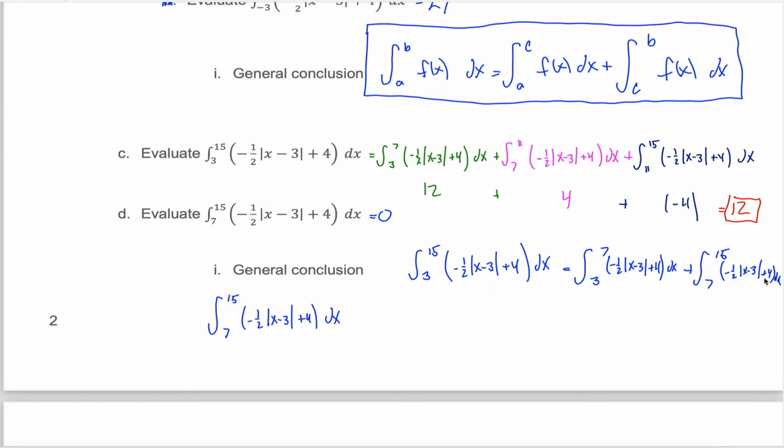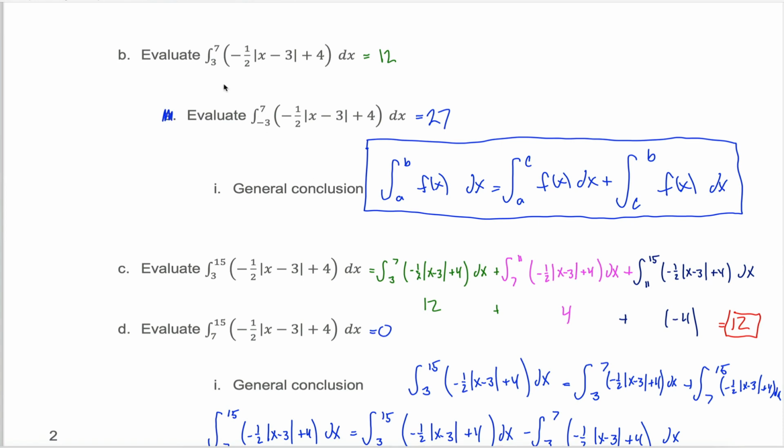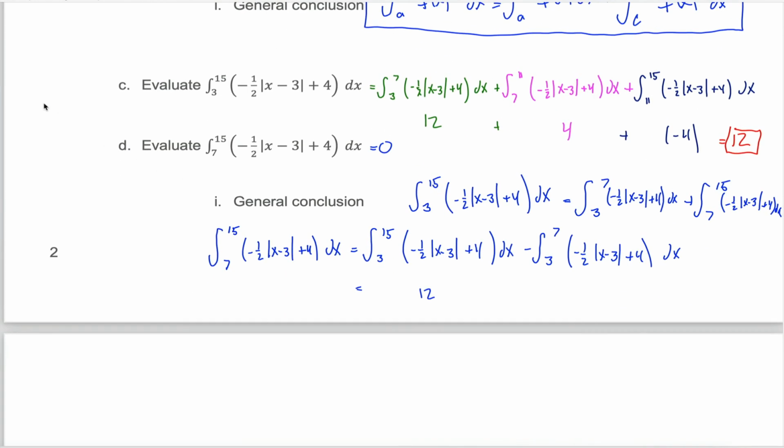This integral here is this integral minus this integral, because you're subtracting this from both sides of the equation. And since we already know the values of each of these integrals, from 3 to 15, we figured out it was equal to 12, and from 3 to 7, we figured out it was also 12. Since 12 minus 12 is equal to 0, the value of this integral here must be equal to 0.